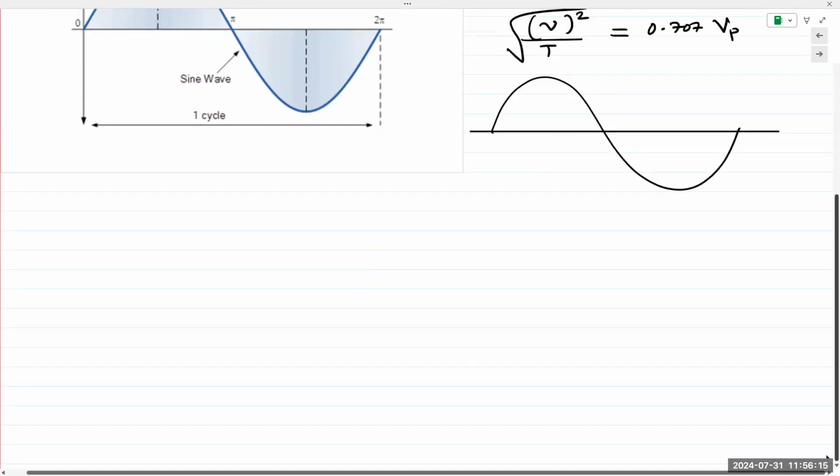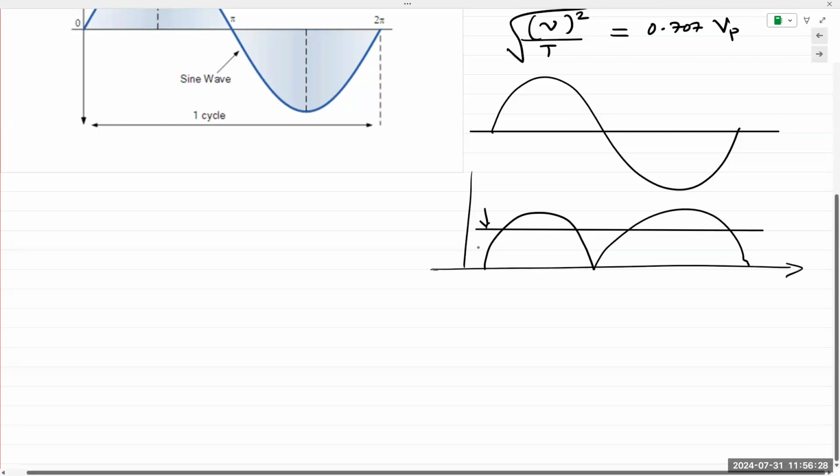Think of it as a mountain of dirt. And then you flatten it out. That would be the RMS value of the waveform. For a sine wave only, it is 0.707 times V peak.